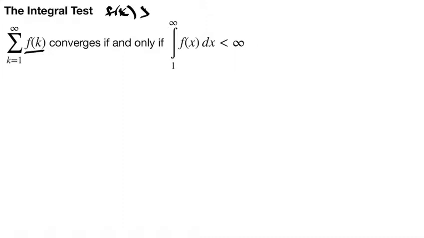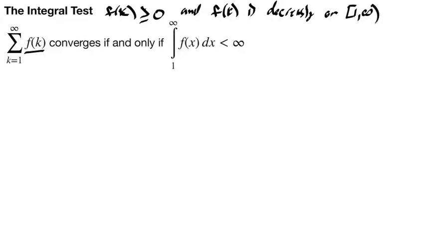It's going to always be positive, and f of k is going to be a decreasing function on that interval 1 to infinity. Now, at the heart of the integral test is something that you saw way back in calculus class, but it's a way to visualize these sequences that's going to connect it to our integrals.